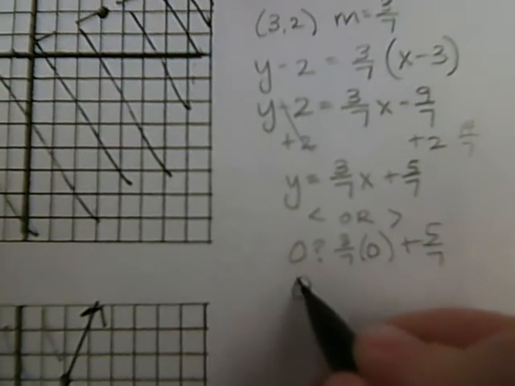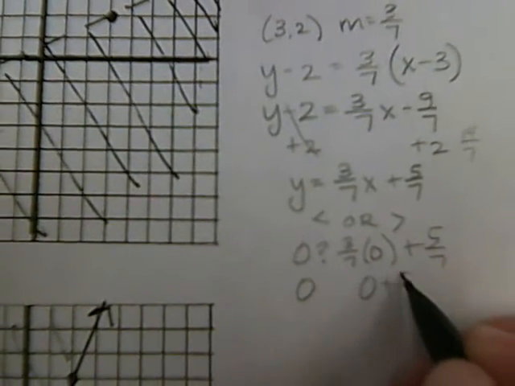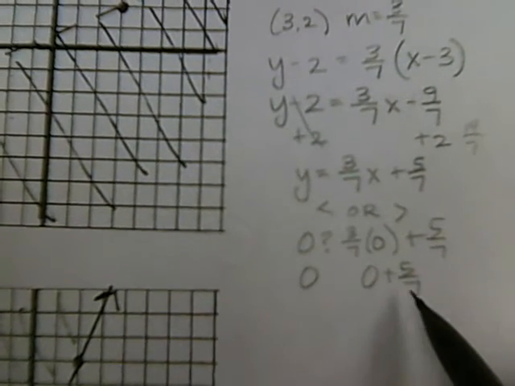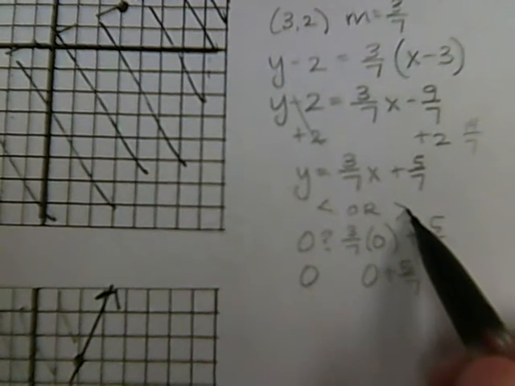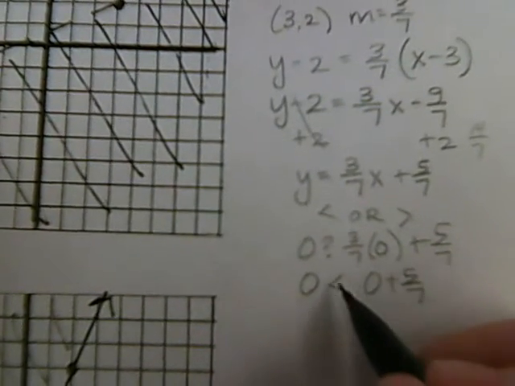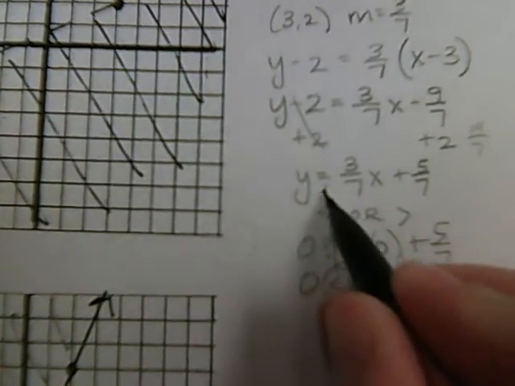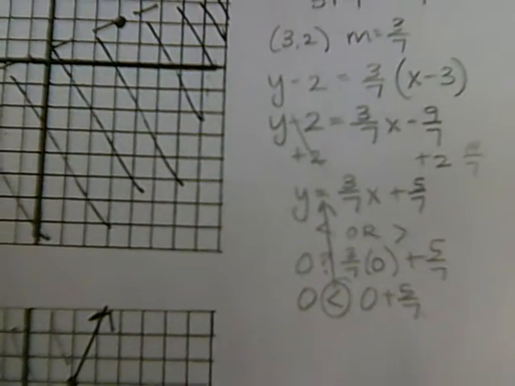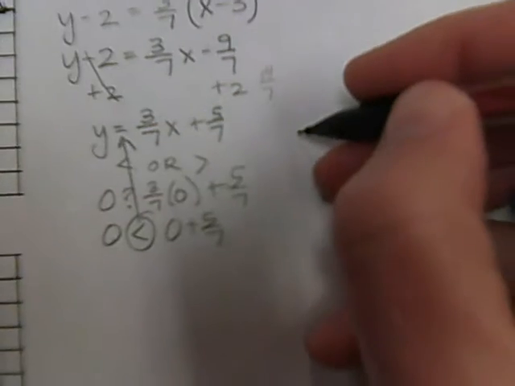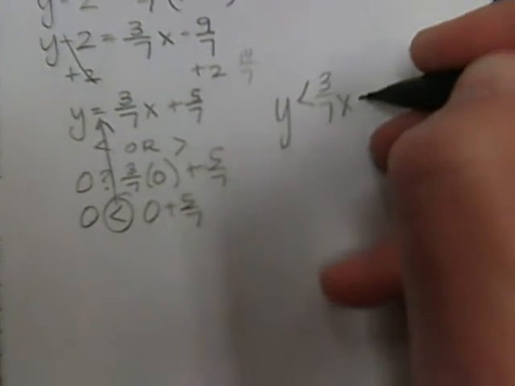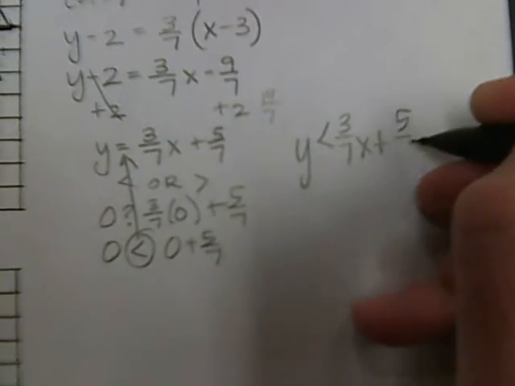Okay, well, this would be 0, this would be 0 plus 5/7. So is 0 less than 0 plus 5/7, or is 0 greater than 0 plus 5/7? Obviously, it's less than. So that's the symbol that I want to go right up here. Okay, because remember, this isn't an equation, it's an inequality. And so my final answer is y is less than 3/7 x plus 5/7.